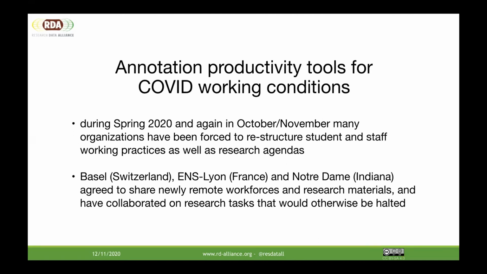And basically what we did was to upgrade annotation infrastructure at a number of institutions, and built a collaboration within about a month, and it was in operation during the spring. And in point of fact, some of these projects are still actually running. So primarily it involved Basel in Switzerland, ENS in France, and Notre Dame in the US.